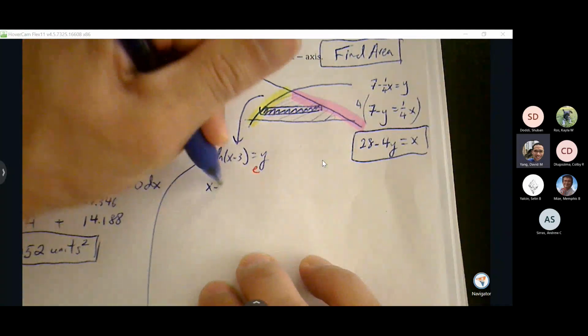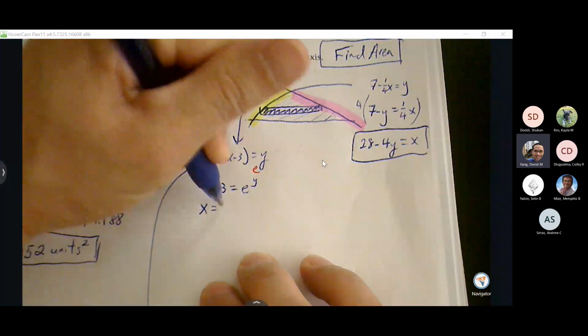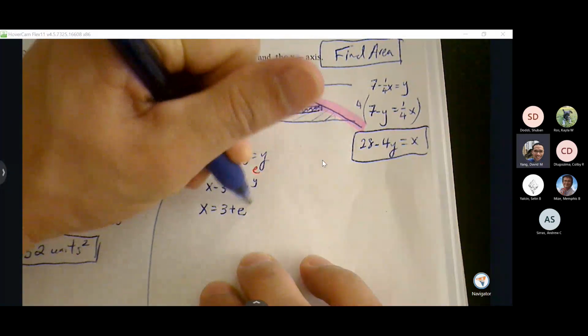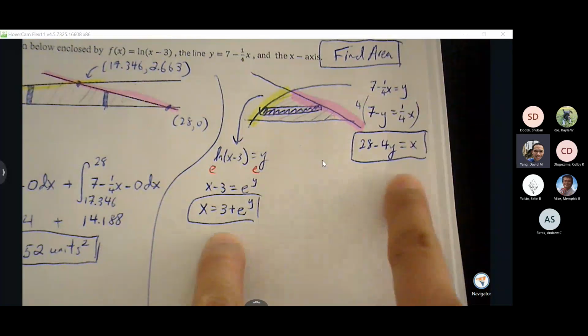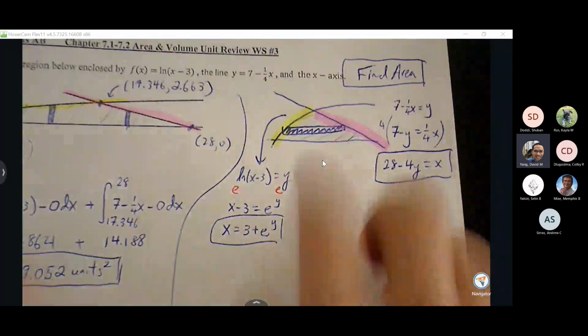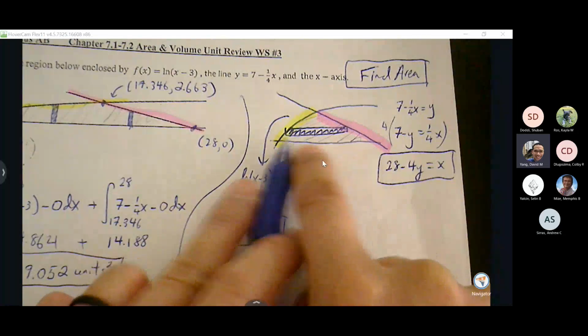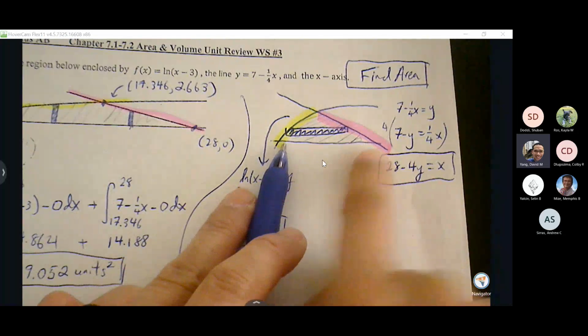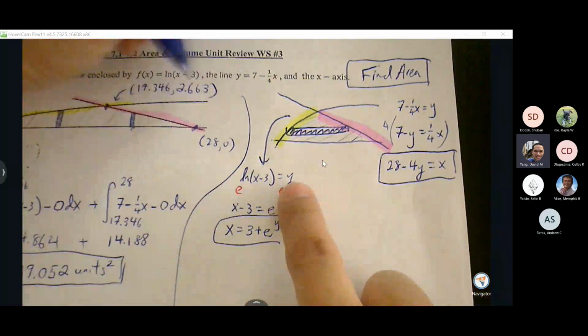I'm left with x minus 3 is equal to e to the y. Solve for x: x is equal to 3 plus e to the y. Okay, so this is the left graph, and this is the graph on the right. The bounds are actually a little bit easier, because if you stack all these horizontal rectangles, the lowest it's going to go is 0, but the highest it's going to go is this y value, this 2.663.